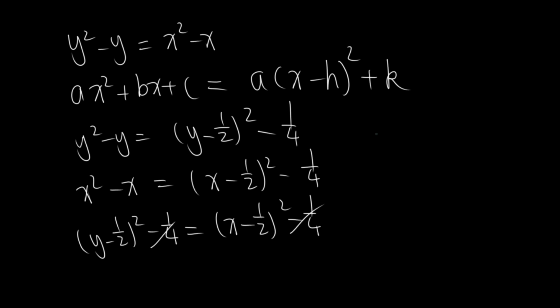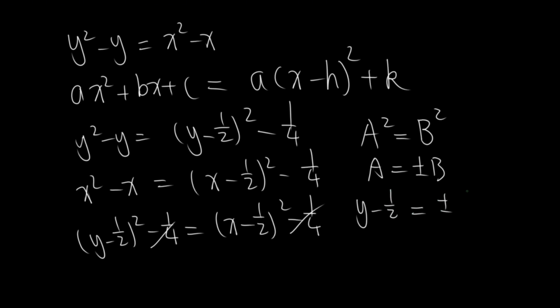And the equation is in the form of something like a squared is equal to b squared. And we know how to solve that. A is just equal to plus or minus b. So y minus a half is equal to plus or minus x minus a half.